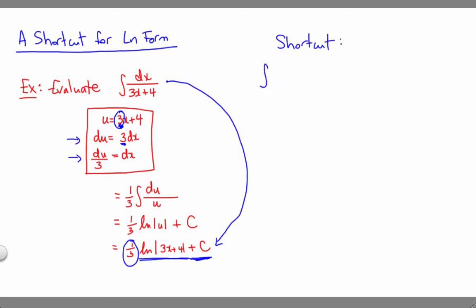What we're saying is that if we want to integrate dx over something that looks like ax plus b, then we're going to get pretty much ln absolute value of the denominator, but we're going to have to correct by going 1 over a, where a is just the number sitting in front of the x there. a is the coefficient of the x inside the original denominator, and then we'll say plus a constant.